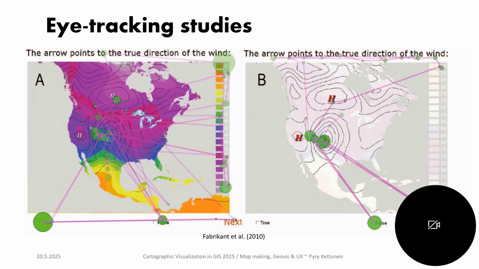So the one has colors, the other doesn't. And we see that the one without the colors becomes like less fixation points and less saccades and less wandering around the figure. Very widely said. There is much more to it that must be studied when doing it scientifically, but generally said like that. And these kinds of findings can then tell us about the superiority of one map to another in some sense.